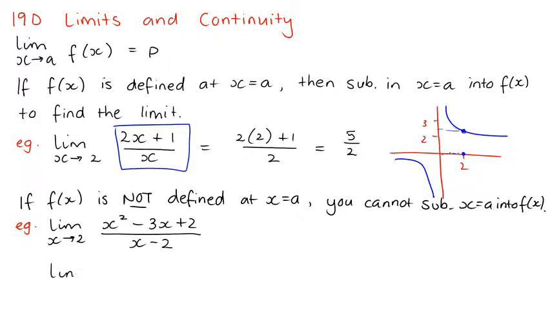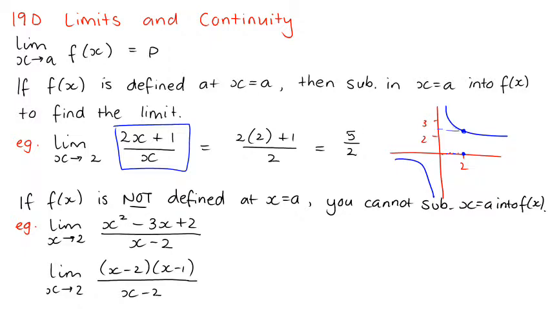Okay, so what's our numerator going to be? x minus 2, x minus 1. You're just factorizing the top, changing that into 2 brackets. You get x squared minus x minus 2x, which is minus 3x, plus 2.